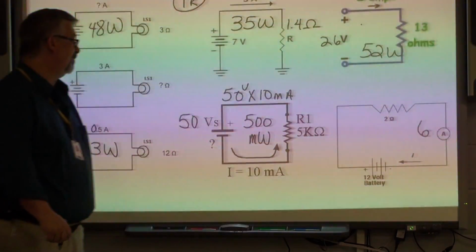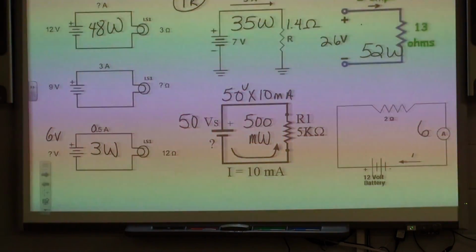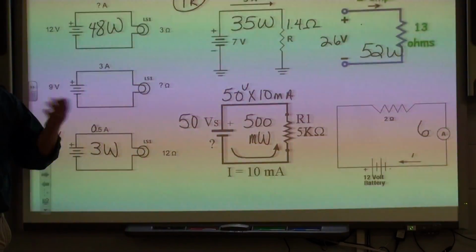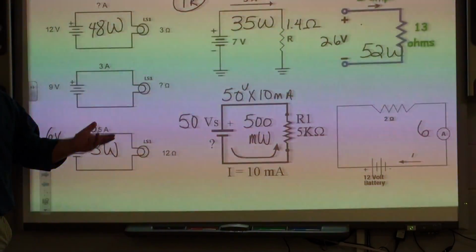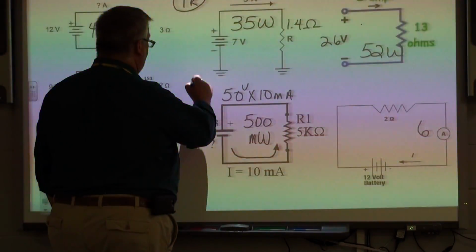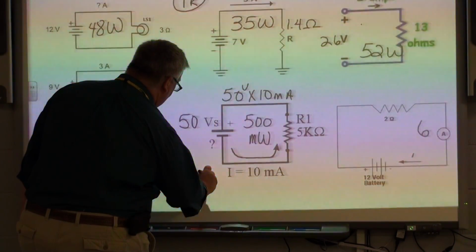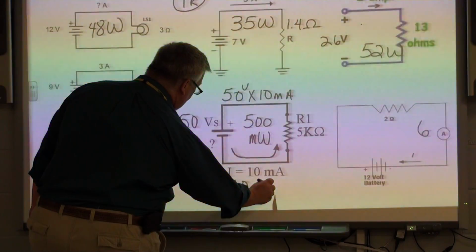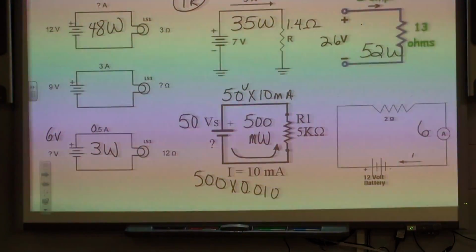There we go. Because we don't offset, if that were 50 kilovolts times 10 milliamps, we'd offset. But it's straight 50 volt units, we got 10 millis. And we could express this as literally 50 times 0.010, because that's 10 millis in decimal form, and we would come out with 0.5 or 500 milliwatts.